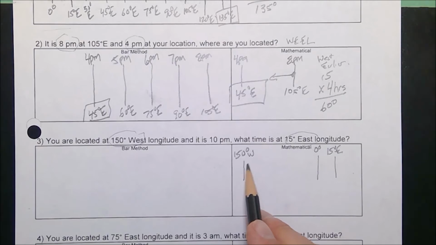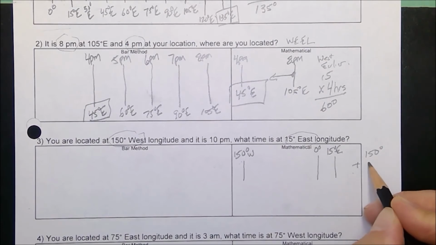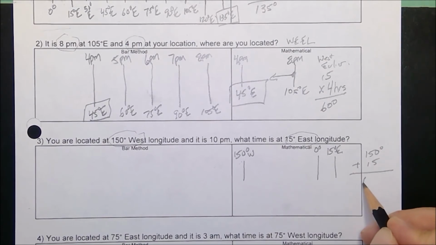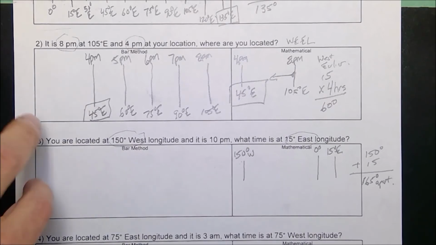This is why when you have opposite signs, you're going to add the longitudes together to find the difference. So to go from 150 west to 15 east, I'm going to do 150 plus 15, which gives me 165 degrees apart. That's the total difference in longitude that I'm going to be moving.